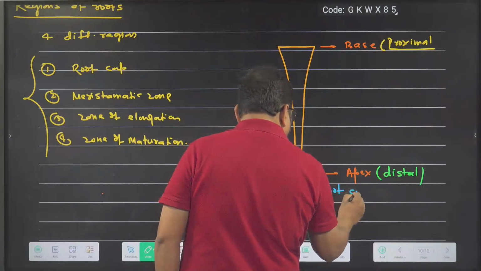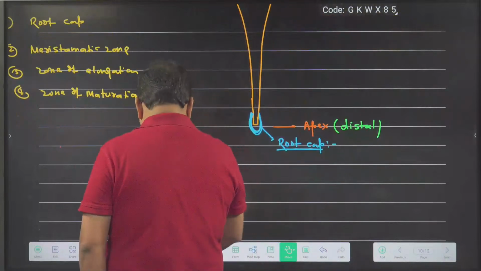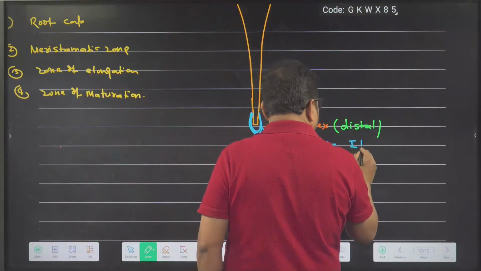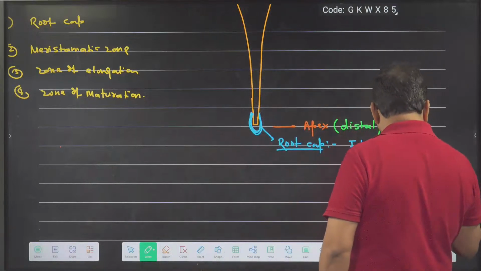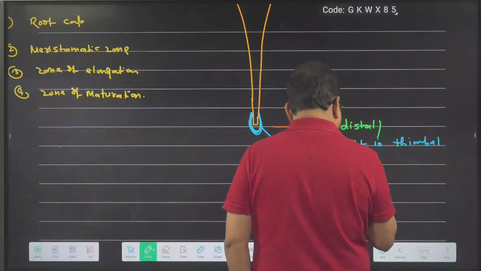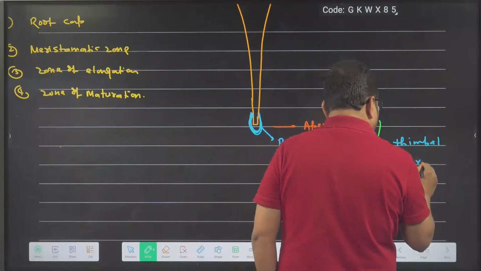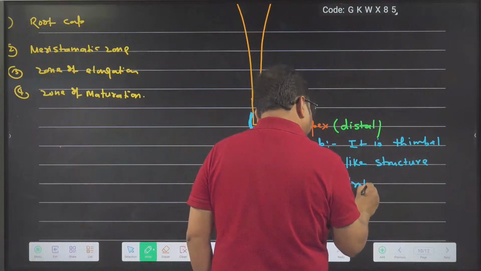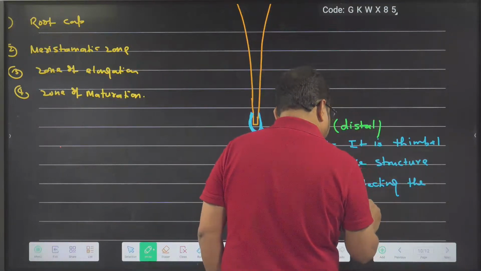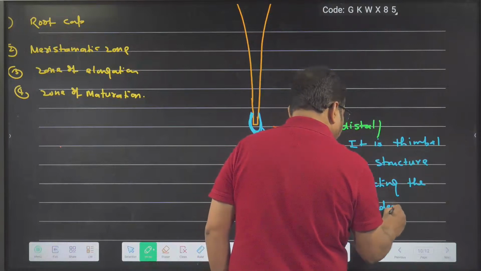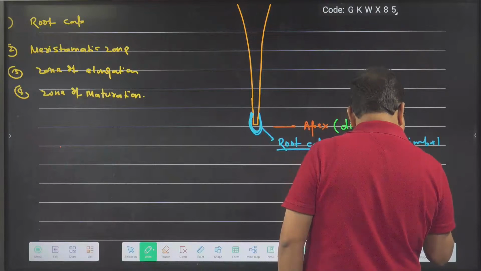So what is this root cap? It is a thimble-like structure protecting the tender apex of root.